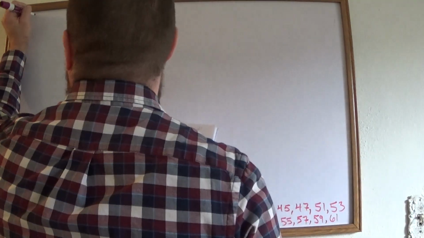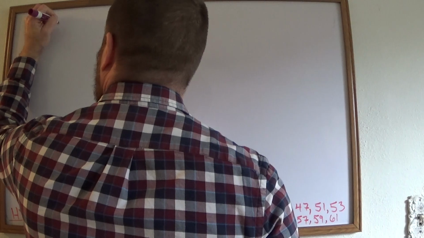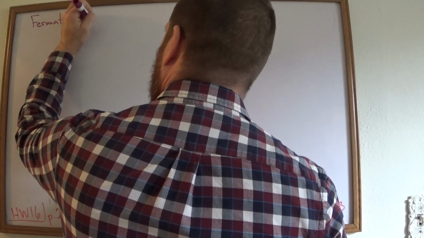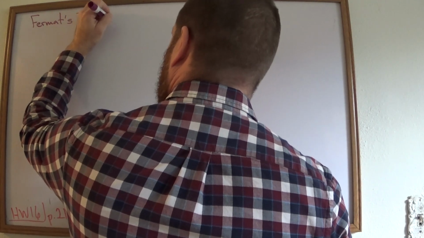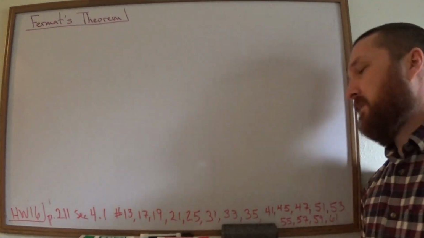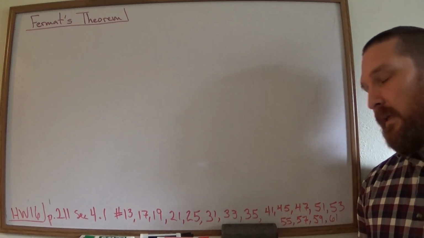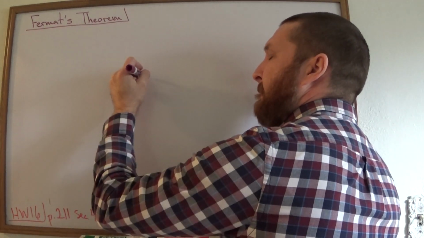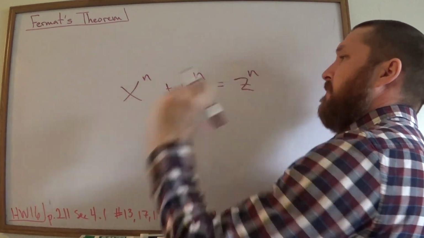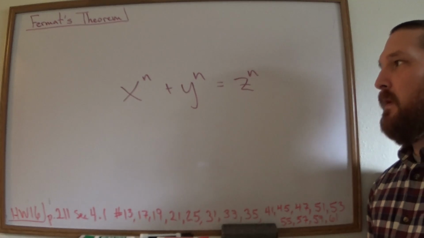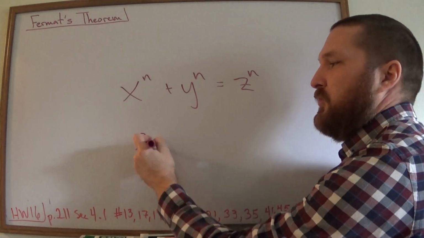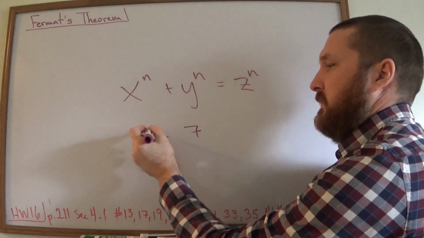Okay, here's Fermat's theorem. Not his last theorem. We do not have the time to get into that. You guys know about Fermat's last theorem? Oh, you haven't heard of this? Okay, so this mathematician Fermat wanted to show that this only has solutions in the integers.